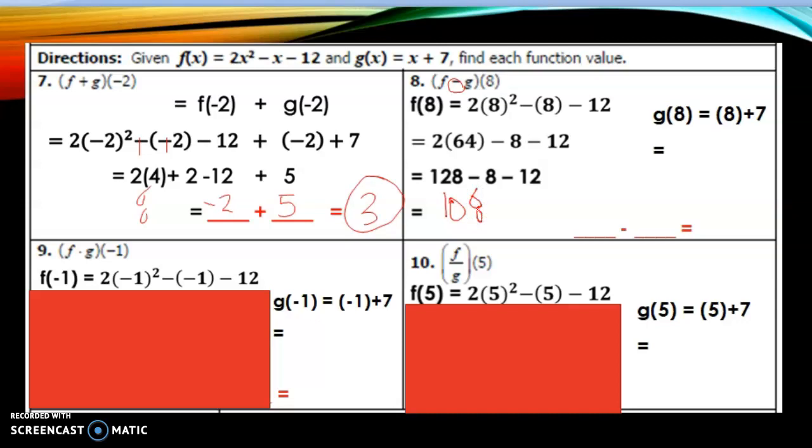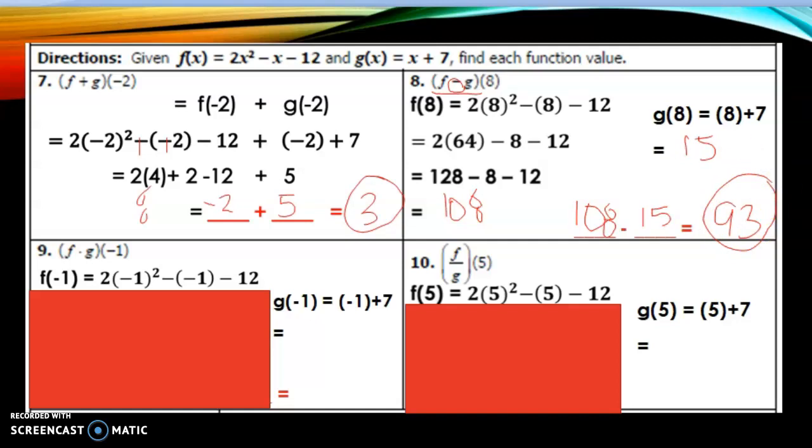The function g, we plugged in 8. Well, that really means just 8 plus 7, 15. So our final answer is going to be f, that's what it starts with up here, which we said was 108, minus g, 15. Final answer, 93. Honestly, I think the separation is easier.